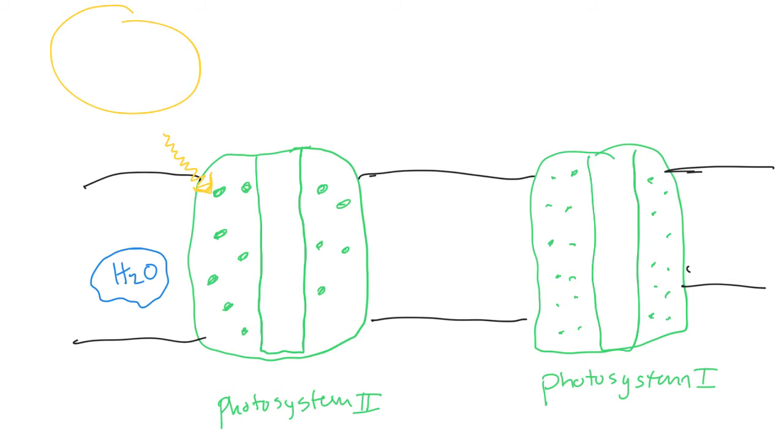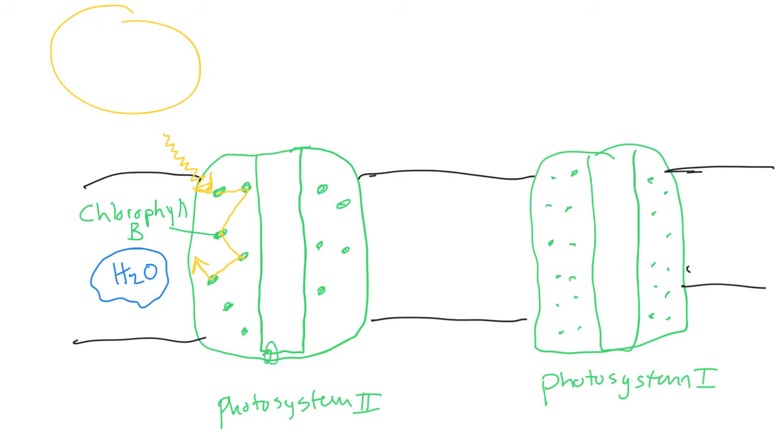The antenna complex, good. And so these pigments are mostly chlorophyll B, and they can take that energy and pass it to each other. And sometimes that energy just goes off and is lost as heat.